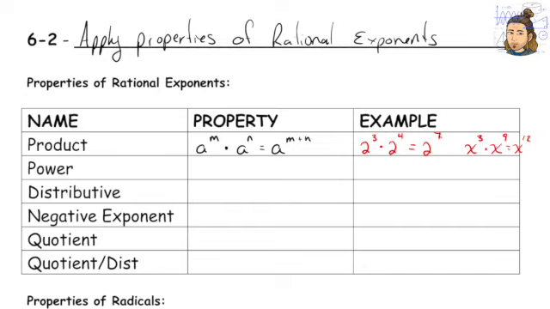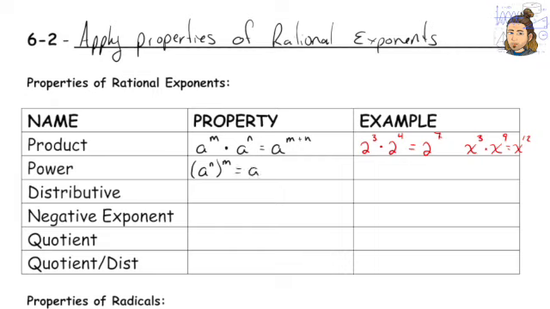Now, if we're talking about a power, what we're saying is that we have an exponent to an exponent. So again, we'll start with a to the m, and if we take that to the power of n, what we end up doing is we're just multiplying those two exponents together.